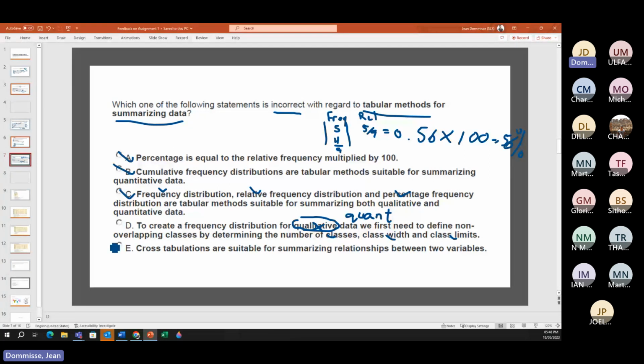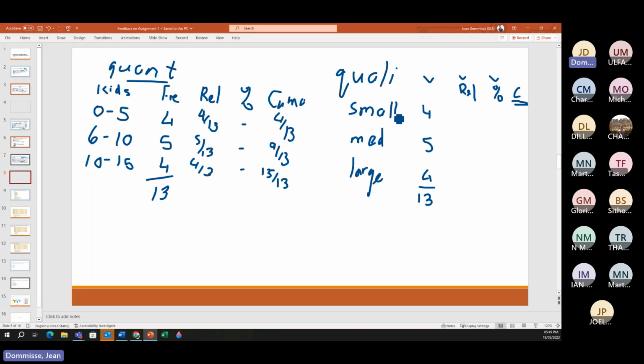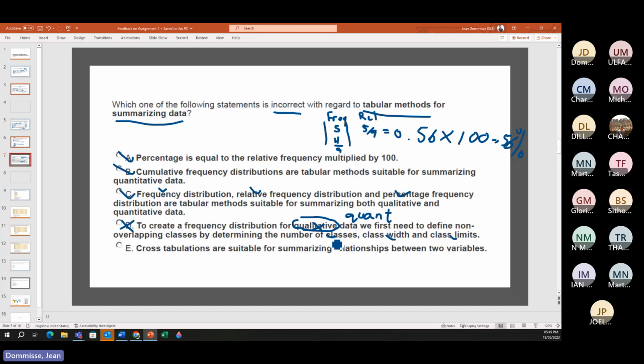If you work with qualitative data, no, because you then just use what the qualitative variable was defined as. So again, everything else made perfect sense. You also are looking for non-overlapping, but all of that is linked to quantitative and not qualitative. Okay, so we know that one is the incorrect one.